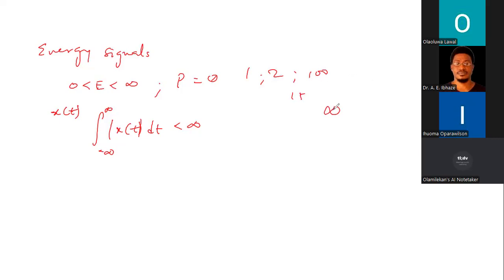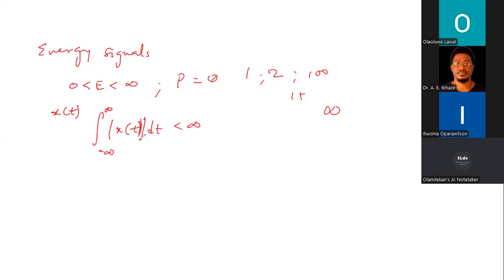And if that is so, then the average power of that same signal must be 0. If the average power of the signal is not 0, we cannot say it is an energy signal. Just before I come to Lawal, another property to look into to ascertain that it is an energy signal is to take the integral of the modulus of the signal, which I just did here.